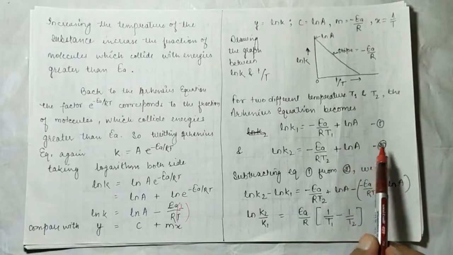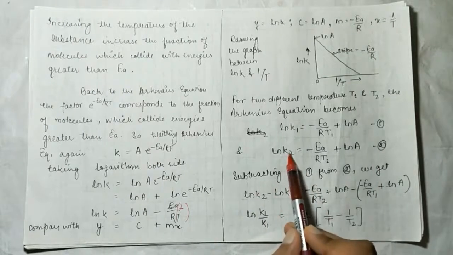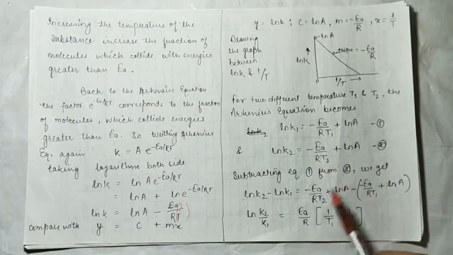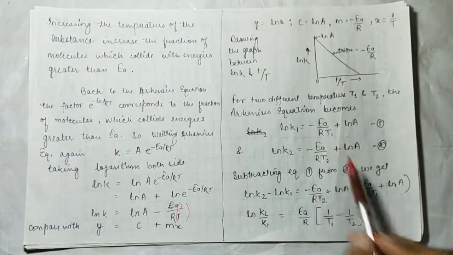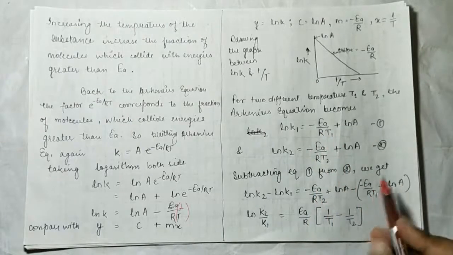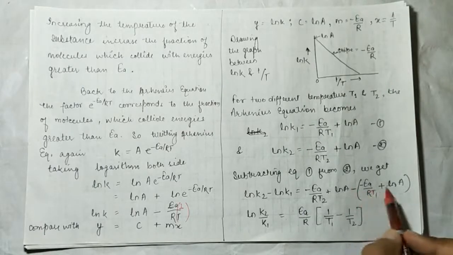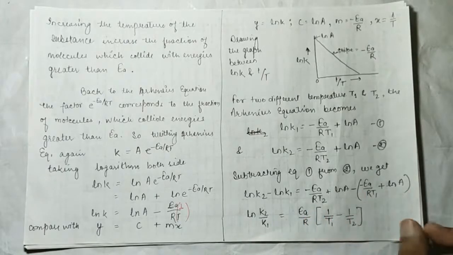Subtracting the first equation from the second, we get ln k2 minus ln k1 equals minus Ea upon RT2 plus ln A, minus minus Ea upon RT1 plus ln A. The negative signs become positive, and ln A cancels out, so the equation becomes ln k2 upon k1 is equal to Ea upon R, which is common, times 1 by T1 minus 1 by T2.